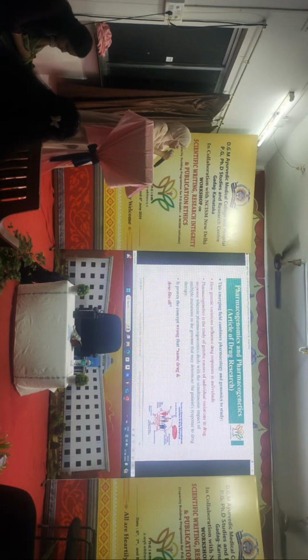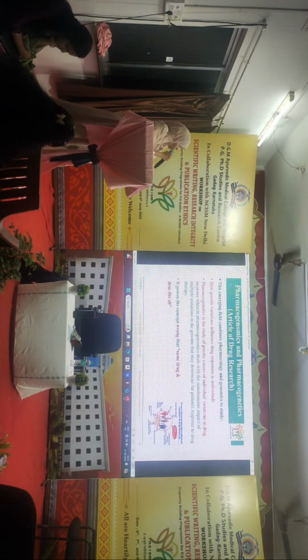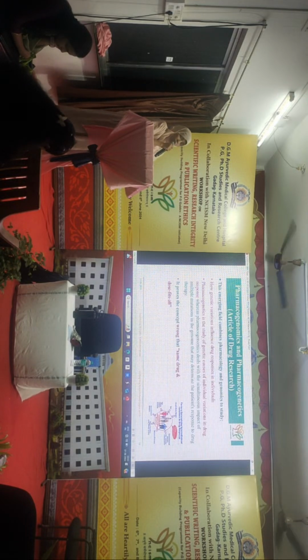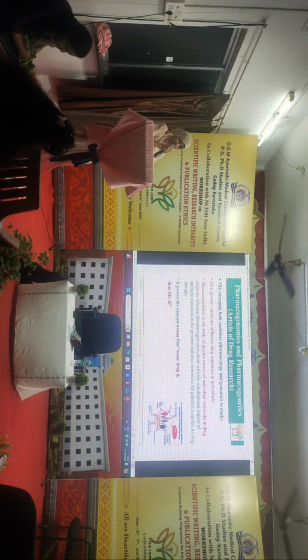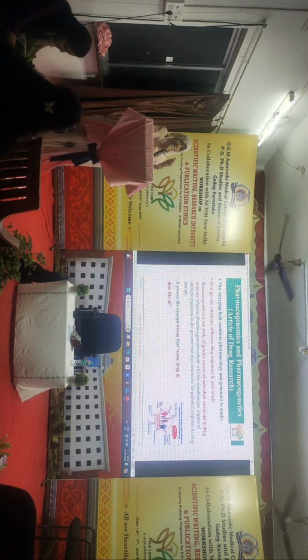Pharmacogenetics is the study of genetic causes of individual variations in drug response, whereas pharmacogenomics deals with the simultaneous impact of multiple mutations in the genome that may determine the patient's response to the drug therapy. So at that level, how they act, what the genetic makeup is and how we can target these cell lines, that level of research is going on. And they are even trying to make a patch of myocardium.